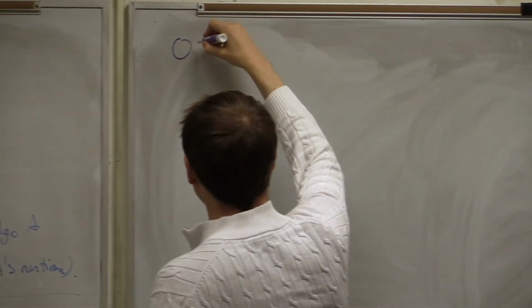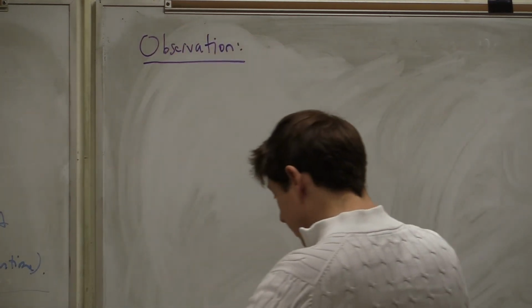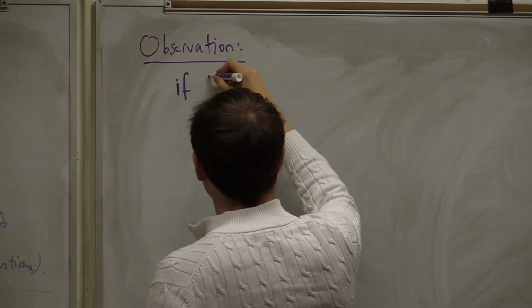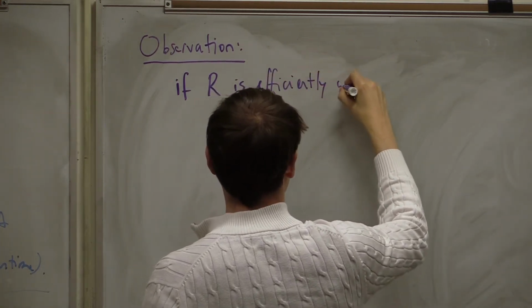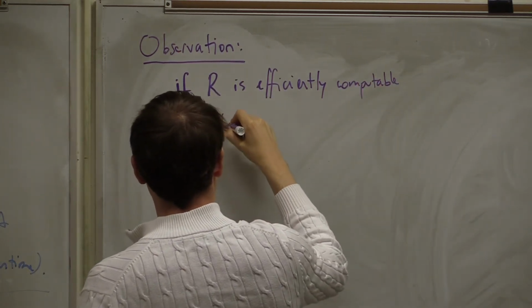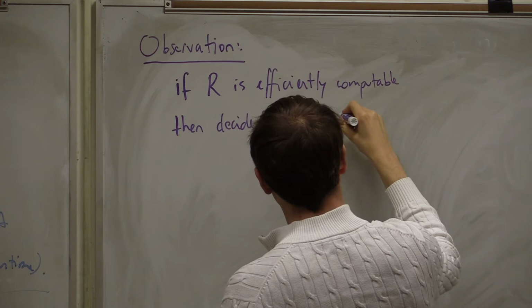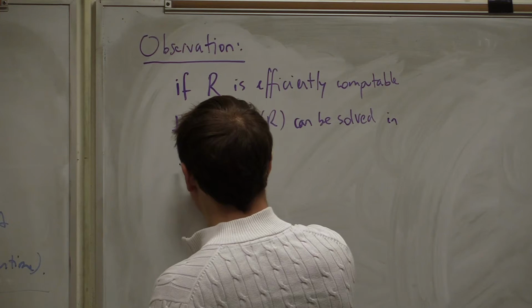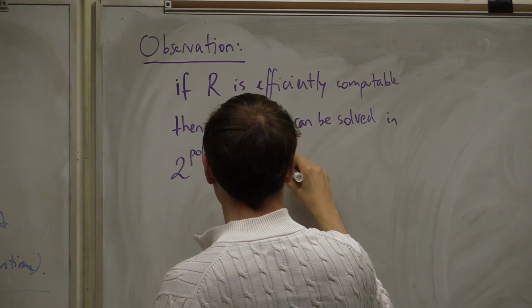So, observation: if R is efficiently computable, then the decision problem for R can be solved in 2 to the poly(x) time.